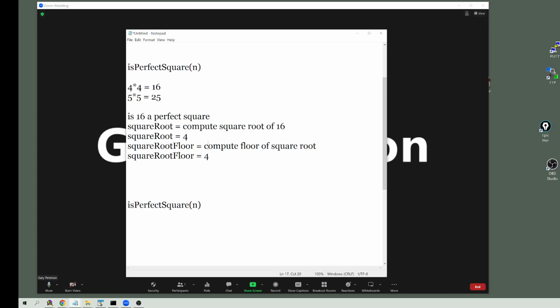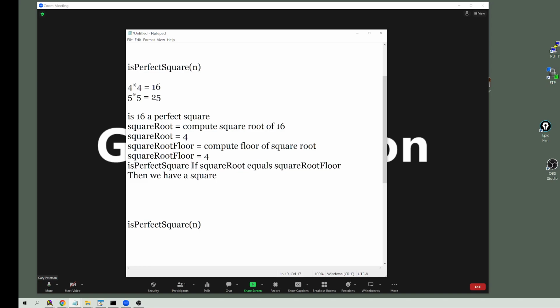So are these two equal? Is that equal to that? If square root equals square root floor, then we have a square. Or we could say is perfect square equals square root equals square root floor. If those two values are equal, and they do in this case, 4 and 4, so we do have a perfect square for 16.